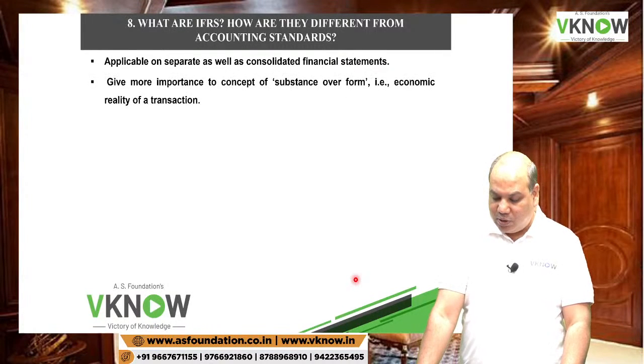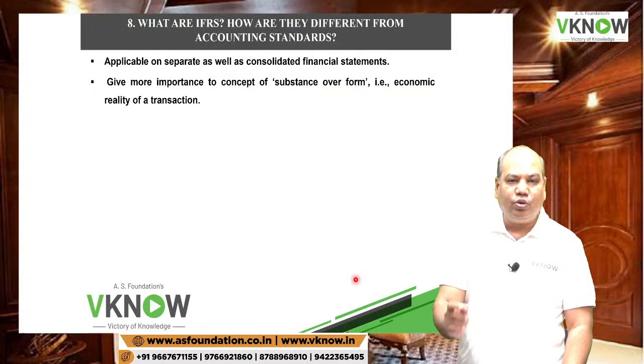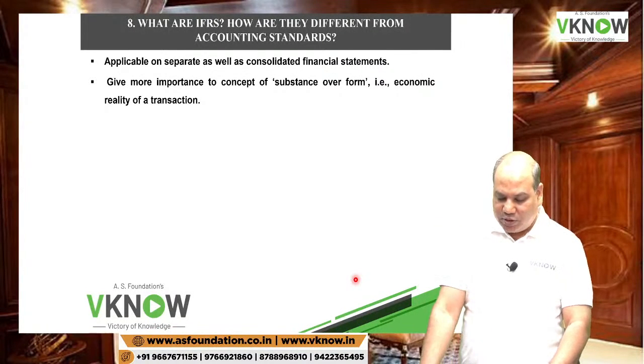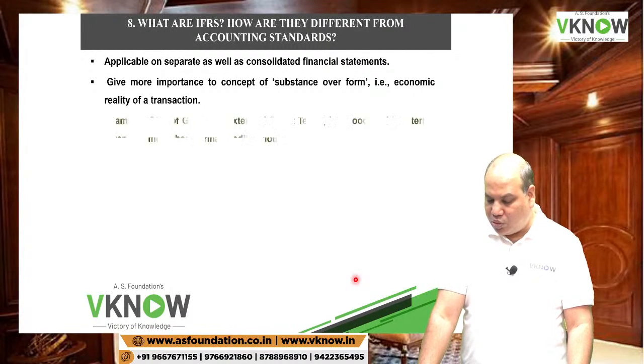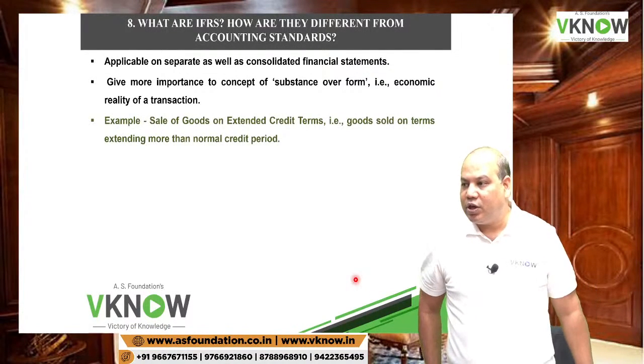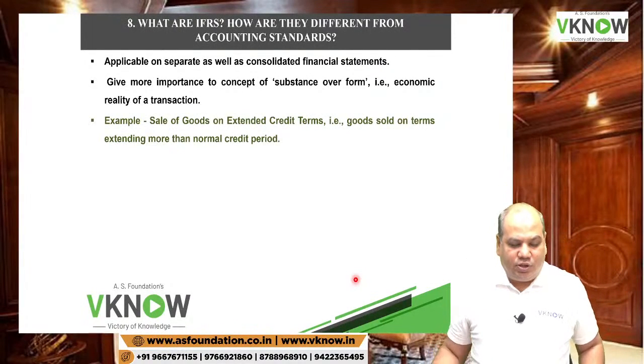IFRS are applicable in separate as well as CFS. One of the main features of IFRS is that they focus more and more on substance rather than form. That means look at the economic reality of a transaction, not just the form in which the transaction appears.